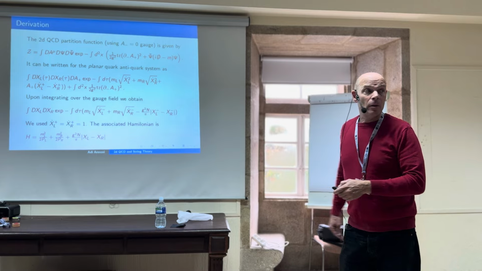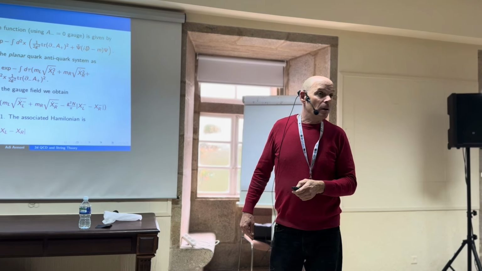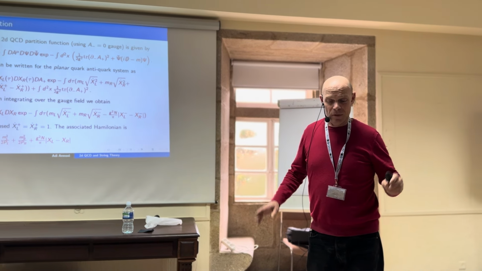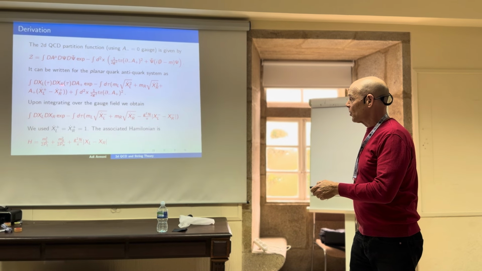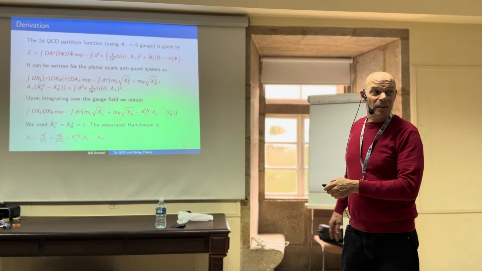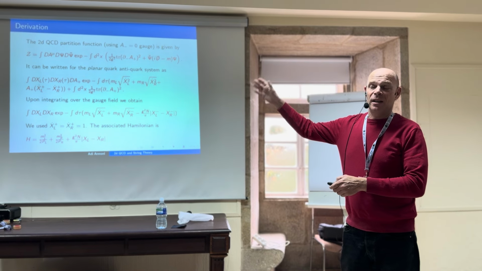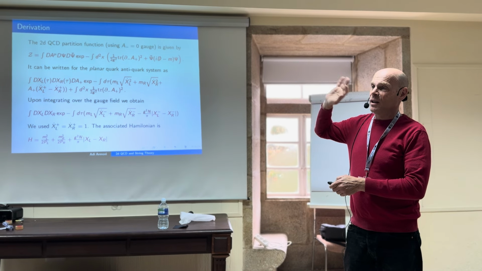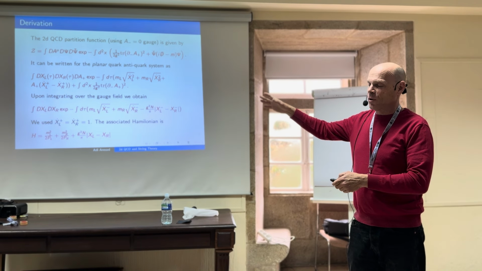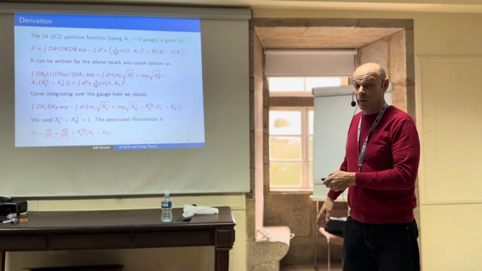But how do you encode the spin? Oh, very good. What I wrote is just the bosonic part. This is for scalar quarks. And indeed, for spinorial quarks, I need worldline fermions.